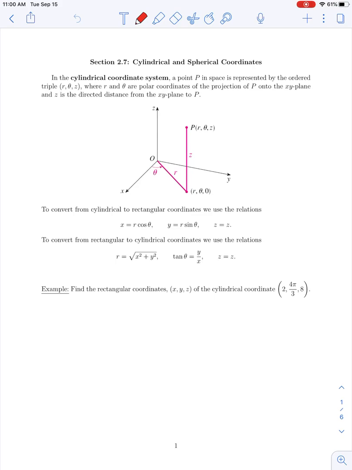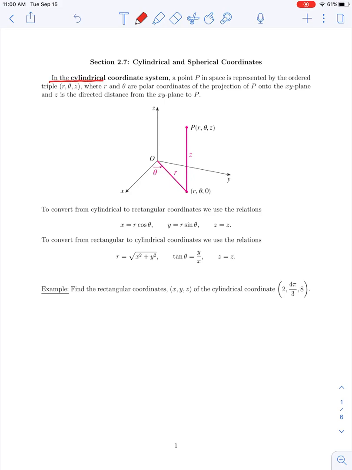Instead of using the rectangular coordinate system, x, y, z, we can use one of two other coordinate systems known as the cylindrical or spherical coordinate systems. Here we'll introduce the first of those.